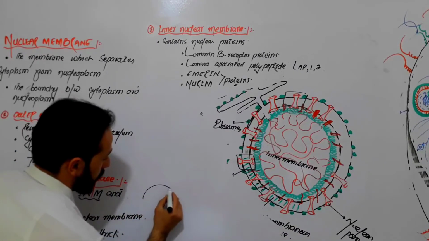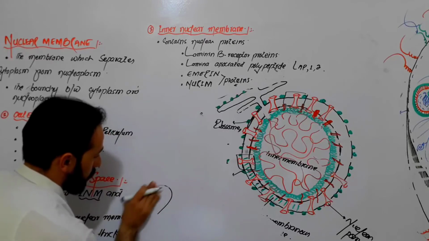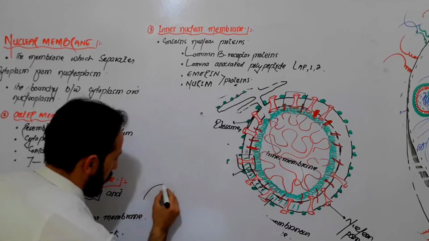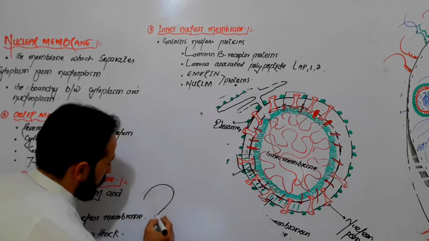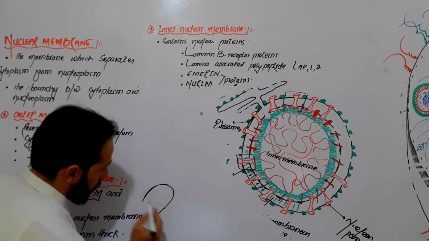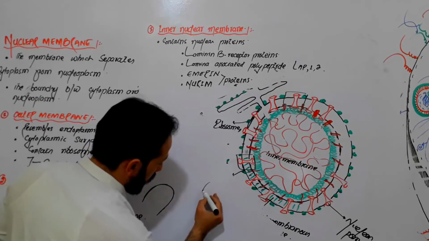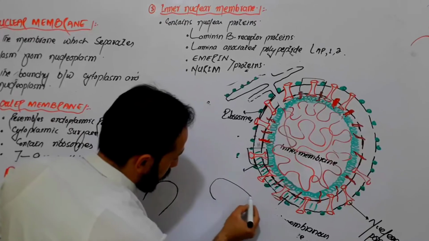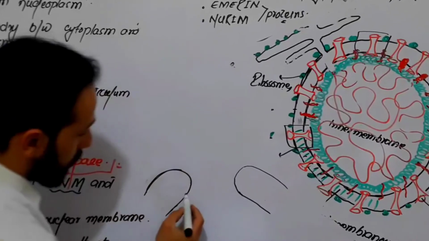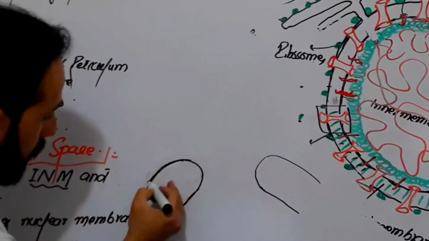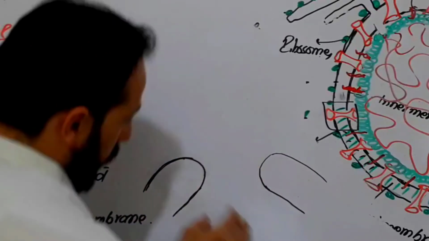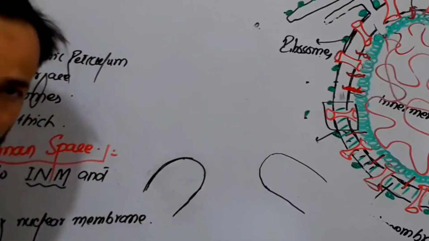For example, here is the outer nuclear membrane, inner nuclear membrane, and then here is another section, outer nuclear membrane and inner nuclear membrane, and in between them we have nuclear pores, right?